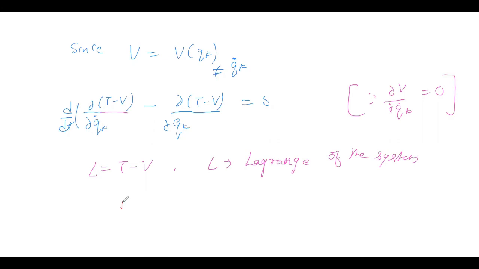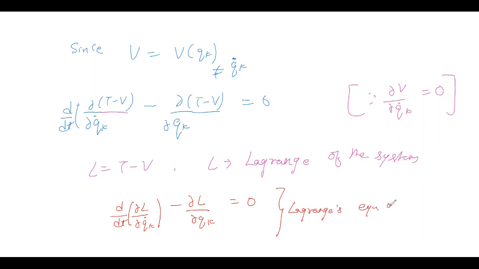The final equation will be d/dt of delta L by delta Qk dot minus delta L by delta Qk equal to 0. So this is my equation of motion. I will say this is my Lagrange equation of motion.